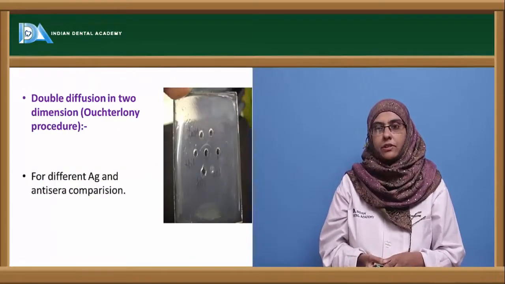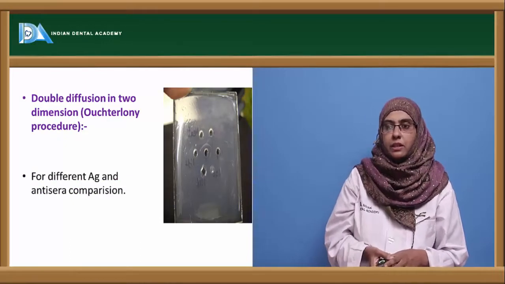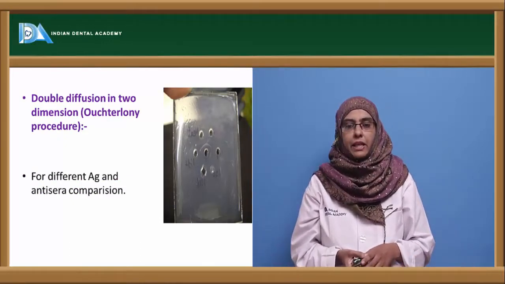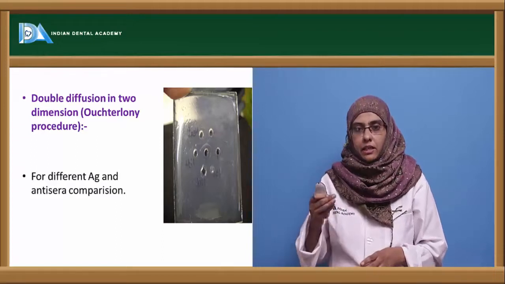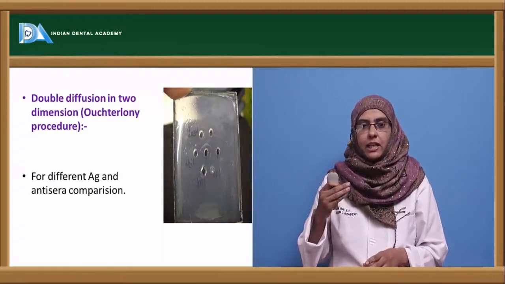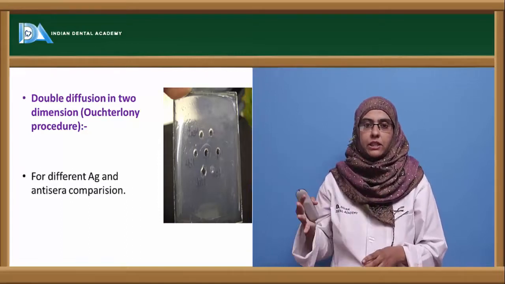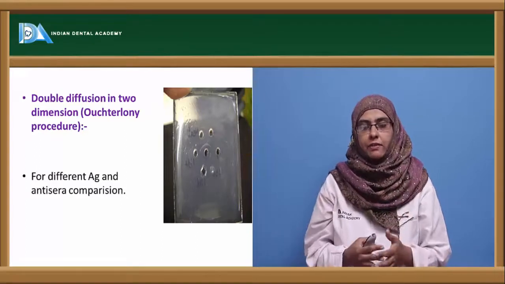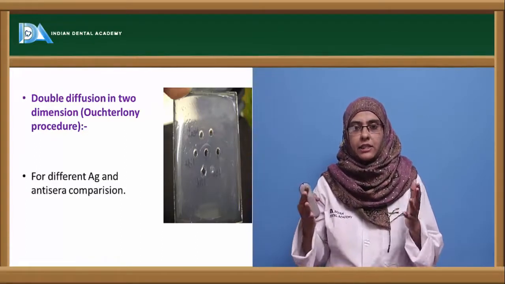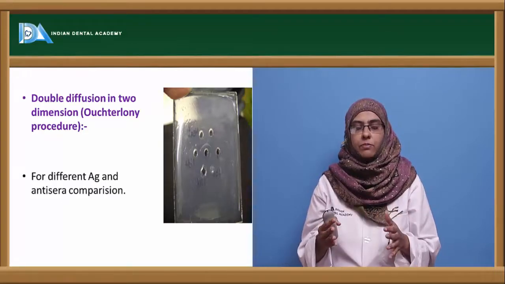Next is double diffusion in two dimensions, also called the Ouchterlony double diffusion method. Here we have the plain agar on which the wells are made, and in the center well we add the antibodies, whereas the wells surrounding the antibody well are filled with the antigen, and these antigens move towards the antibody and form a line of precipitate.